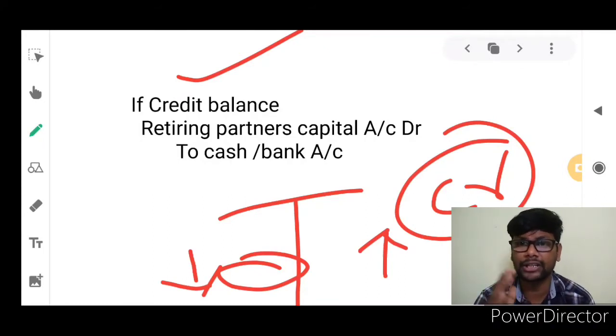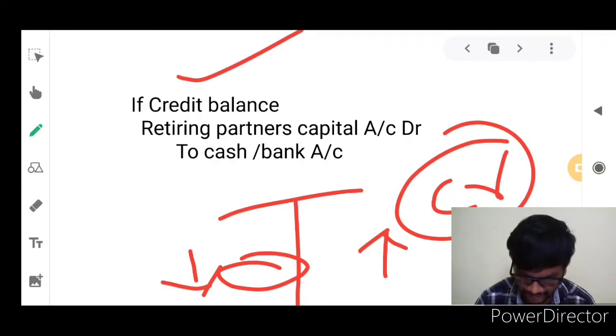Because of that partner, the firm earned goodwill and a tremendous profit. After so many years, due to ill health or his own idea, whatever it is, he is retiring from the partnership firm.